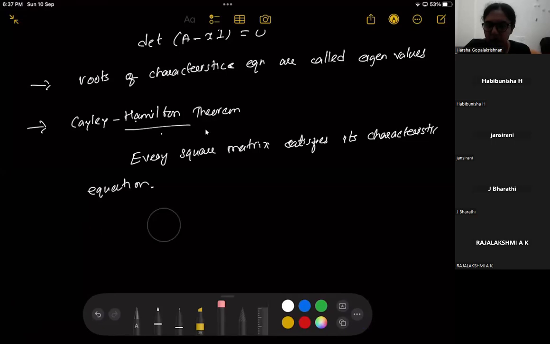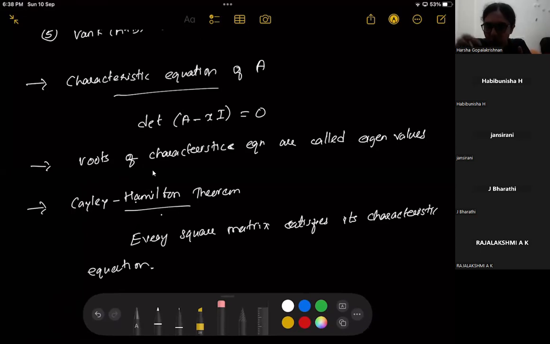The Cayley-Hamilton theorem only says that we have a polynomial in the variable x, and in place of x we give the matrix A. If the polynomial is x power n plus a n minus 1 x power n minus 1 plus etc., in place of x we give A. So we get a matrix equation, A power n plus a n minus 1 A power n minus 1 plus etc., and if we solve that, it will be equal to the 0 matrix.